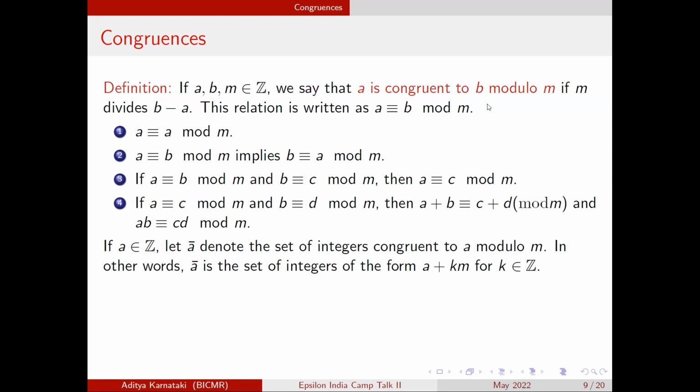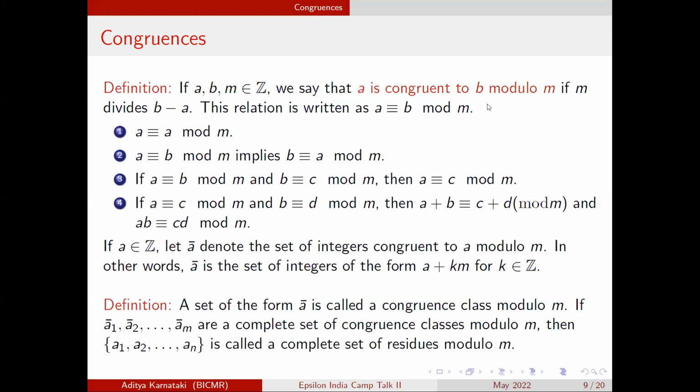If A is an integer, let A bar denote the set of integers congruent to A modulo M. But if you think about it a bit, this is just the set of integers of the form A plus Km for K belonging to Z. It's an arithmetic progression beginning at A with a difference M. Because if you subtract any of the integers of this form, you will get a multiple of M, and so all of them are congruent to each other modulo M. That's what it means. And we call such a set A bar a congruence class modulo M.